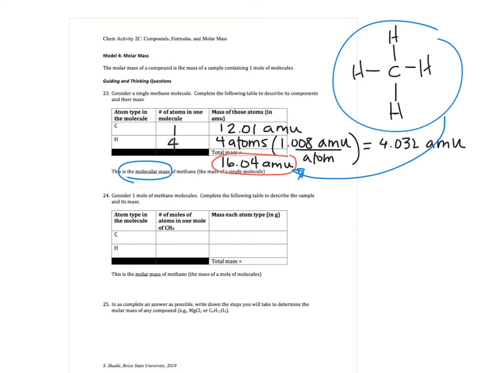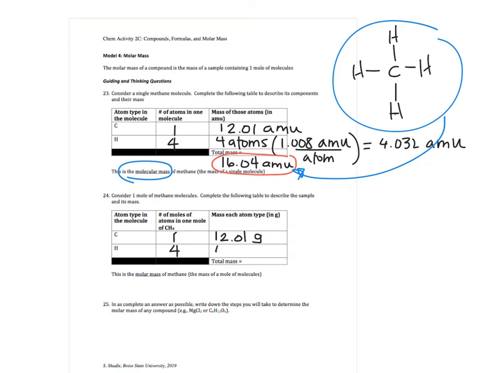If we had a whole mole, we would have 1 mole of carbon atoms and 4 moles of hydrogen atoms. Now we also know that a mole of carbon, remember we've been looking this up on the periodic table, is 12.01 grams. That's 1 mole.